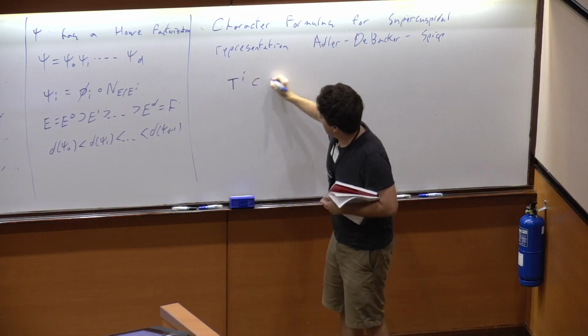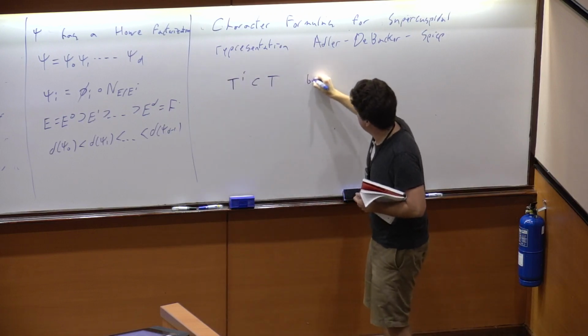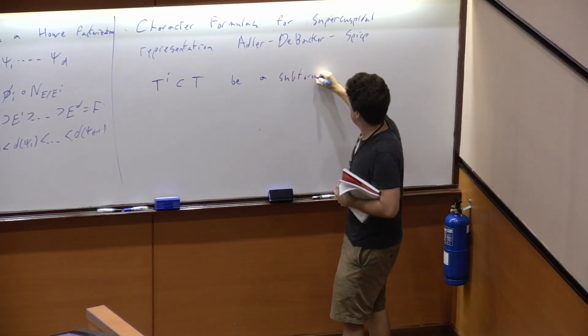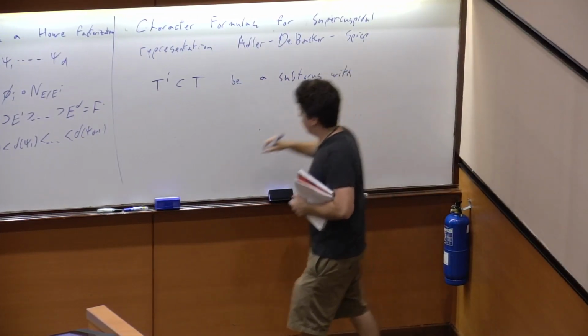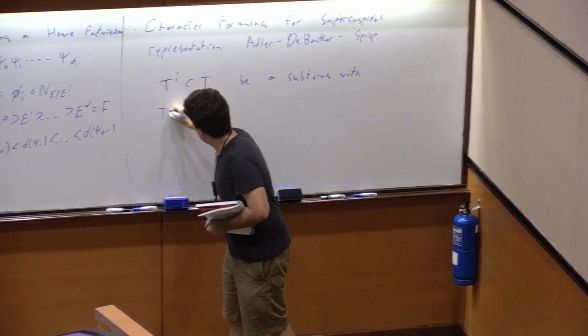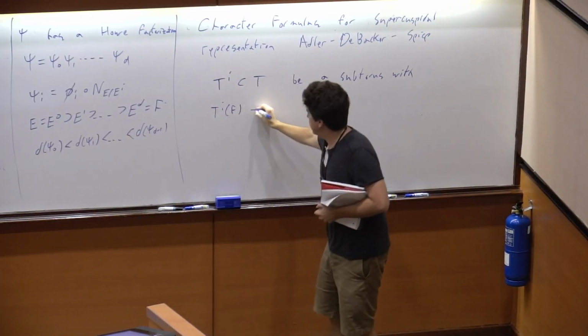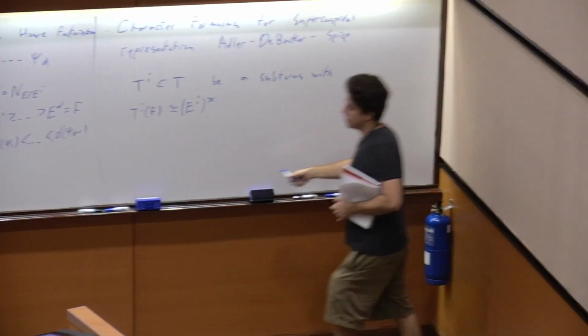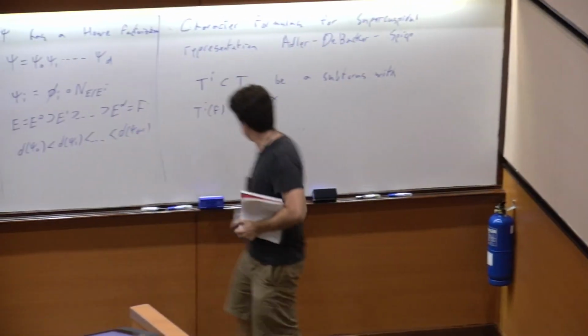Let T_i inside of T be a subtorus with the F points of T_i looking like the unit elements of this field E_i here.